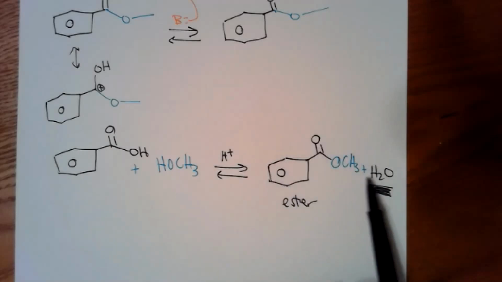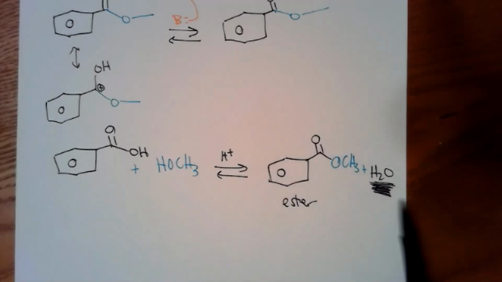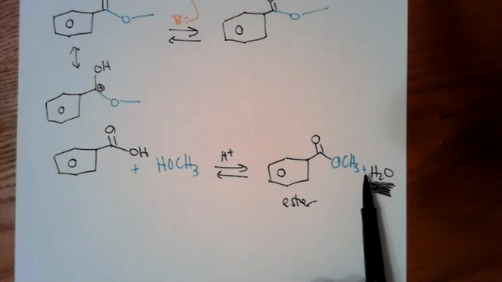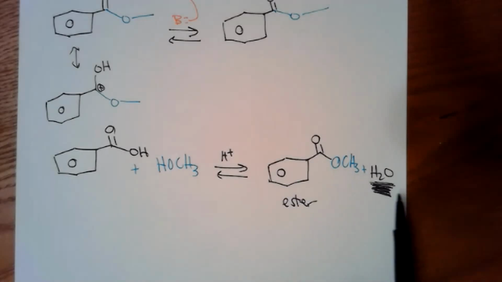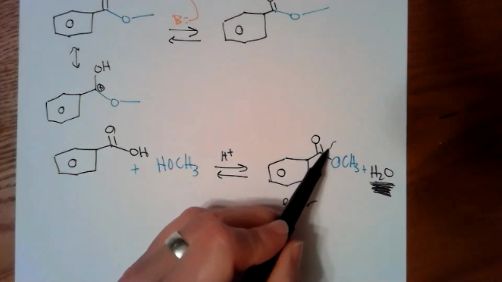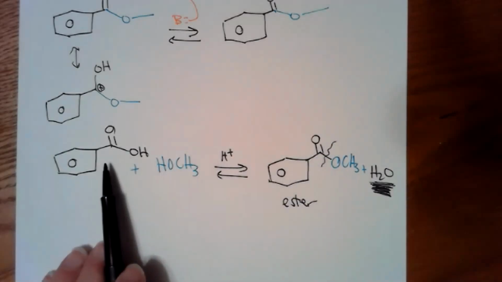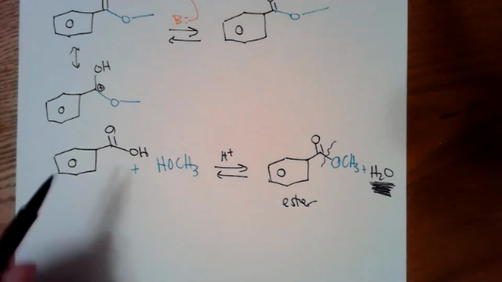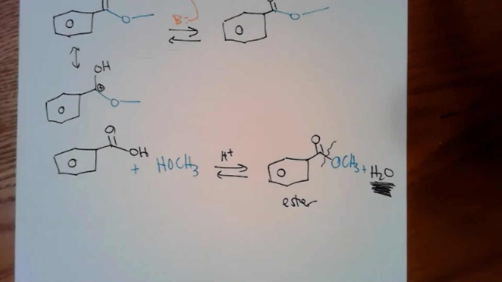So if I have an ester and I add tons of water to it as an acid catalyzed reaction, it's an equilibrium process, and I can hydrolyze, I can split that ester back into carboxylic acid and alcohol. So the reverse of this reaction is called hydrolysis. The forward reaction is called the Fischer esterification. Fischer esterification needs to be acid catalyzed.